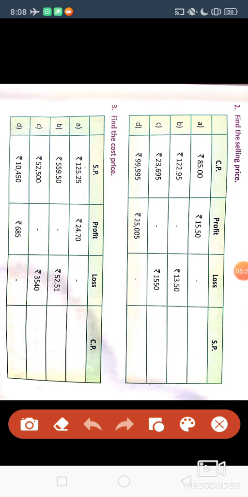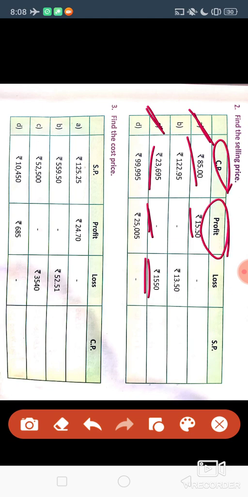Now come to another question. Question A just now we have done. Now come to question number C. Look here. Cost price is given and profit is not given. Here loss is given. In the first question, cost price and profit were given, so what formula were we using? CP plus profit is equal to SP. Now here cost price is given and loss is given, so what formula will we use?